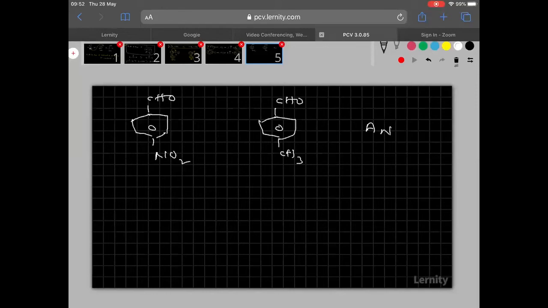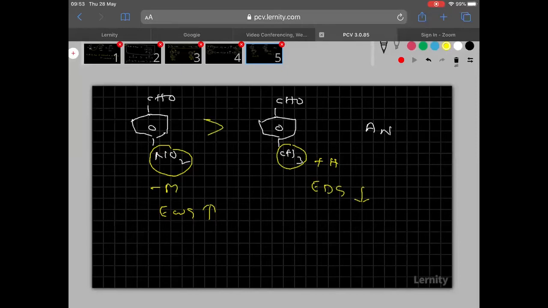Clear? Once you see here, the NO2 group is there. NO2 group is minus M. Minus M means what? Electron withdrawing. In the previous slide I taught you electron withdrawing groups increase the rate. And here you see plus H, plus hyperconjugation. Plus hyperconjugation means what? Electron donating group, so it decreases the rate.